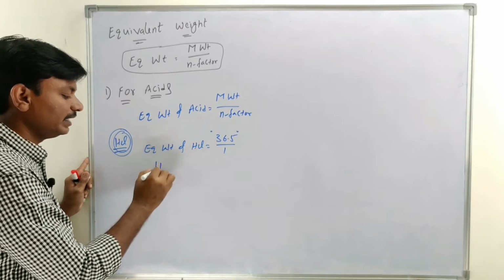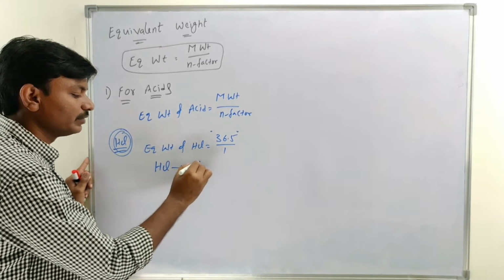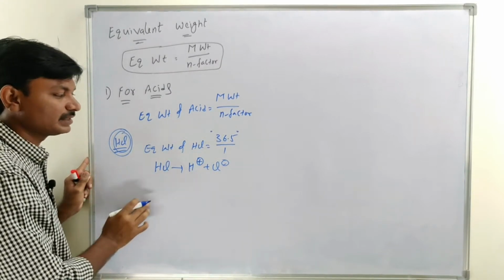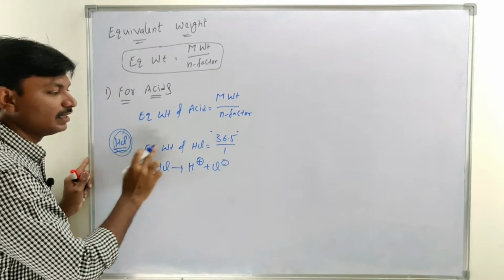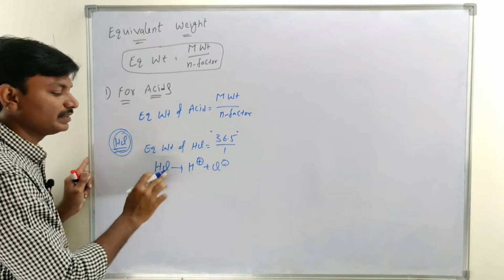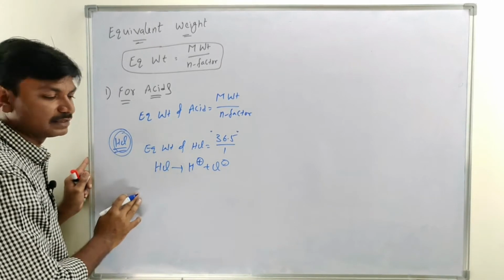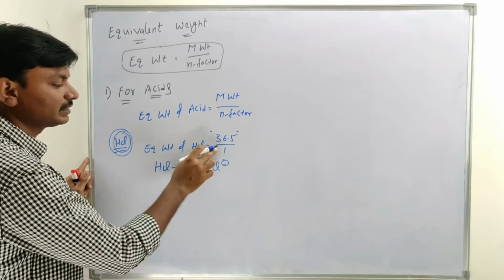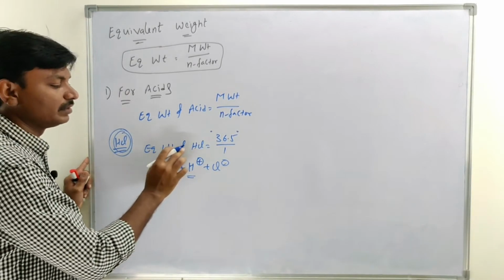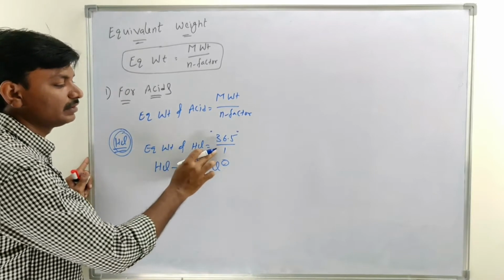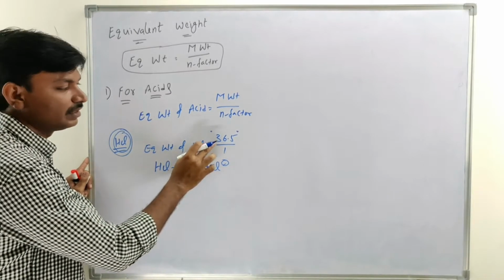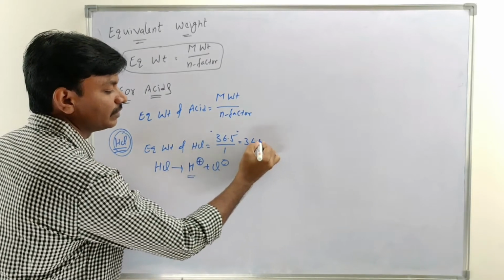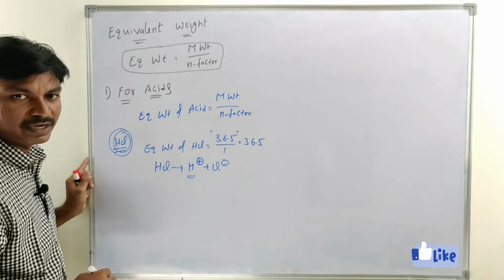That is, HCl releases only one H plus ion and a Cl minus ion. So the n factor value of HCl depends on the releasing of H plus ions. HCl produces only one H plus ion, so the n factor value for HCl equals 1. With molecular weight 36.5 and n factor 1, the equivalent weight of HCl equals 36.5.